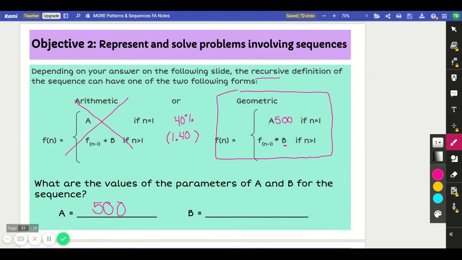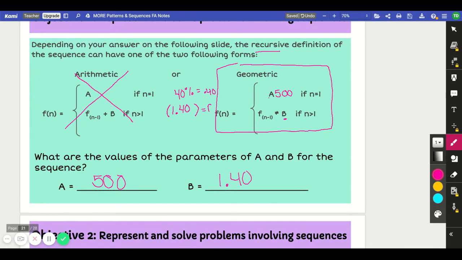So we have the 40%, which is 0.40, and we added 1 to that. So this 1.40 is going to be our common ratio. And in this case, it's our b. So the b is going to be 1.40 or 1.4. They both mean the same thing.